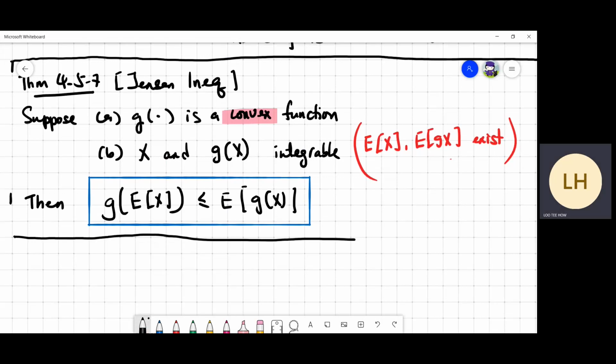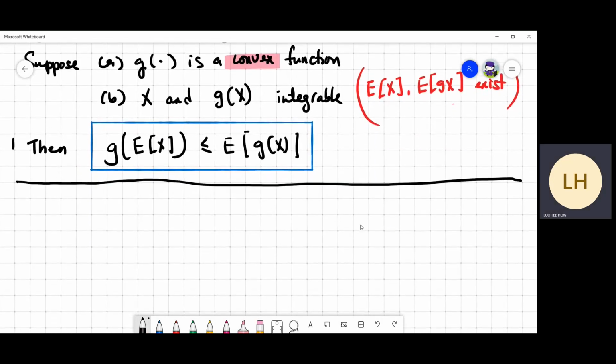Let's look at simple examples for this inequality. Let's look at example 4.5.6.